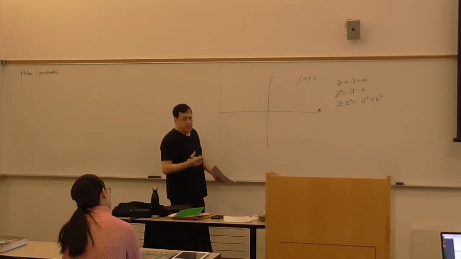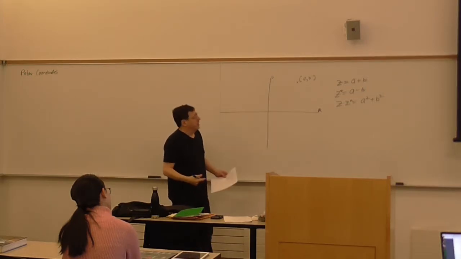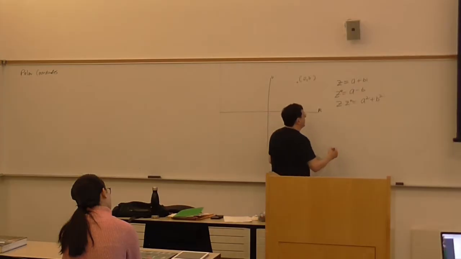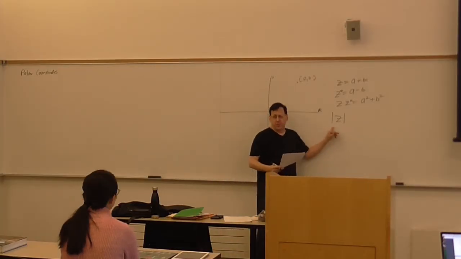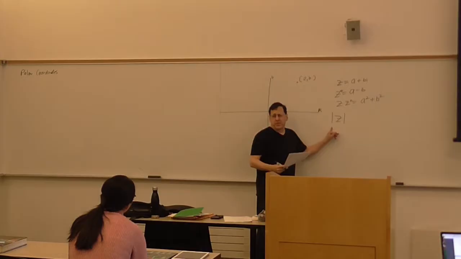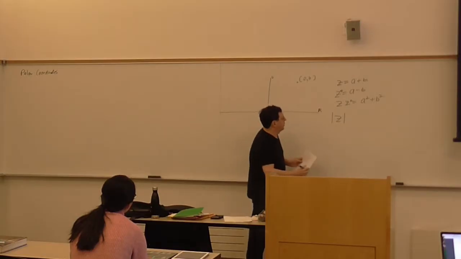And having done that, I want to define something. I'm going to define this symbol here, which you might think of as absolute value, but that doesn't really make sense when you're talking about a complex number. We call this the modulus of z.